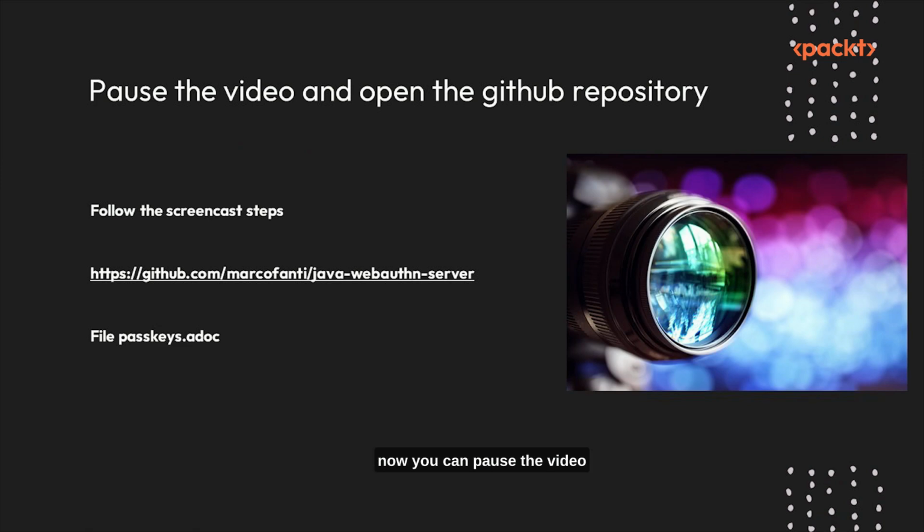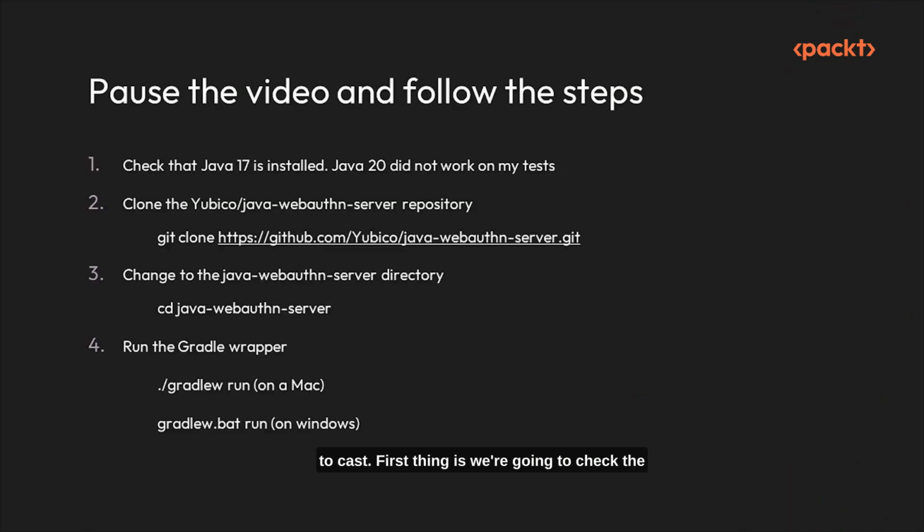If you want, now you can pause the video and open the GitHub repository below. In there, you can find passkeys.adoc, a document that will have a step-by-step guide for everything that we're doing on this screencast. First thing is we're going to check the Java version to see if we have version 17.